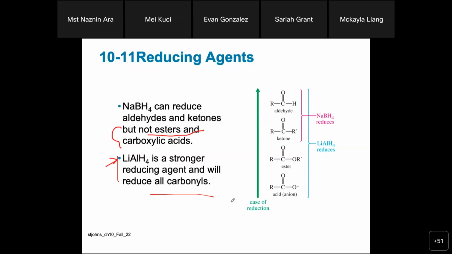So if you have a reaction with an ester on this side, an arrow, and an alcohol here, and we ask you for the reagent, what type of reducing agent? You need to put the correct answer, lithium aluminum hydride, because we learned that NaBH4 cannot do that. That's an interesting point you need to remember.